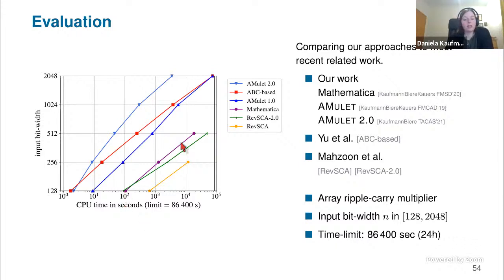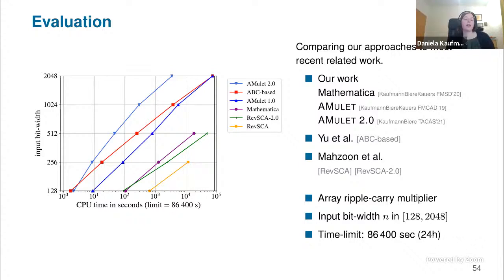Here we see that Mathematica works up to bit width 512. But with AMULET 2, we are able to verify also this large benchmark, this 2048-bit multiplier, within an hour. And this dot here, the 512, was exactly the multiplier for which I did the demo earlier.